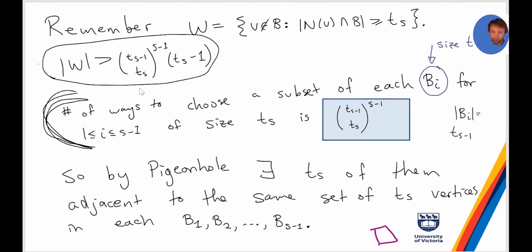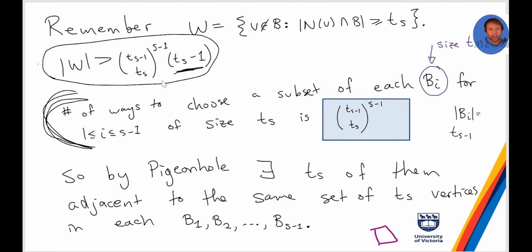Basically what we proved is that W has size at least this, strictly greater, so the strictness is actually important here. Since W is greater than that, by pigeonhole, there must exist T_s vertices in W which are all adjacent to the same set of T_s vertices in all the B_i's.